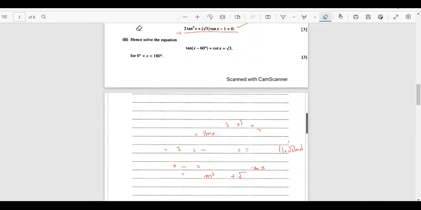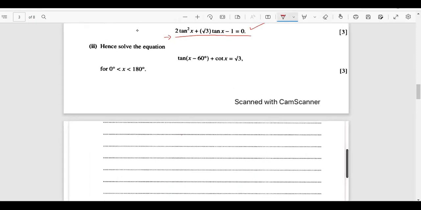Since it says hence, and solving this version would be difficult, let's solve the other version which we just created. Let's solve 2 tan square x plus under root 3 tan x minus 1 equals 0.